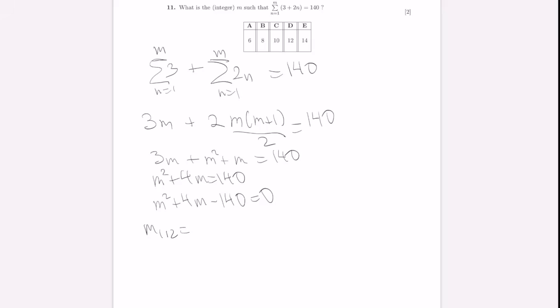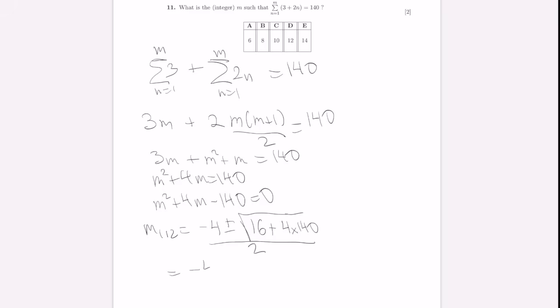What is that going to be? It's going to be minus b, which is going to be minus 4, plus or minus root of b squared, which is 16, minus 4ac, a is 1, c is minus 140, so it's going to be 4 times 140. Divide that whole thing by 2.